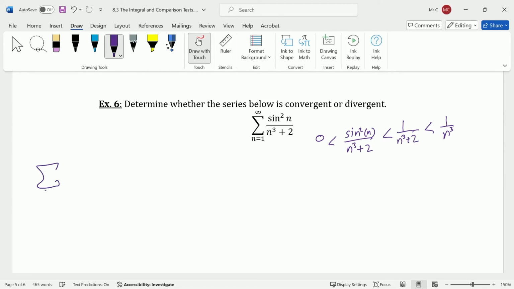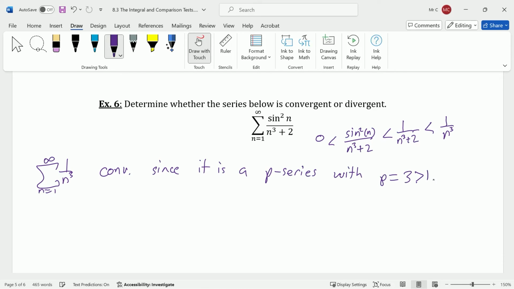And the series from n equals 1 to infinity of 1 over n cubed converges since it is a p-series with p equal to 3.